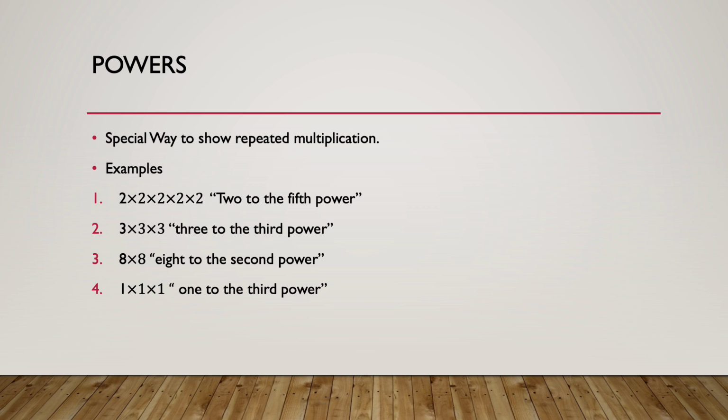How many times is the number 3 multiplied? 1, 2, 3. 3 times. If it is multiplied 3 times, then how can we say it? 3 to the third power. Why is it a third power? Because it is multiplied 3 times.